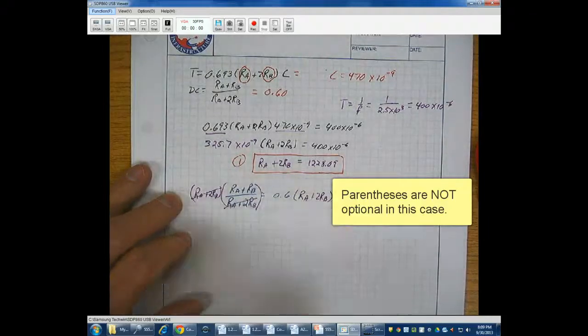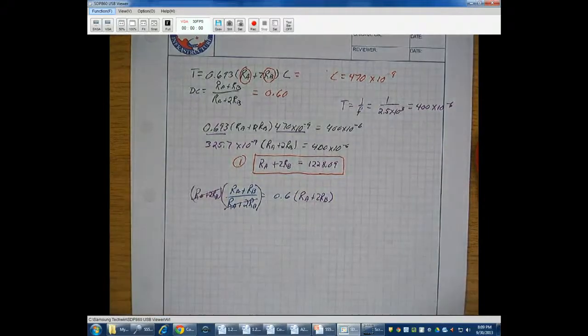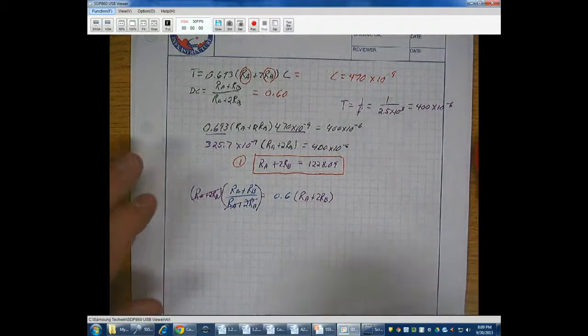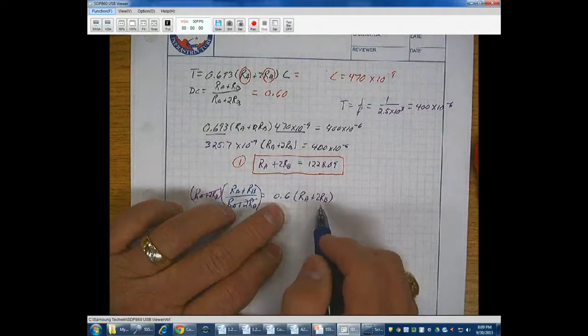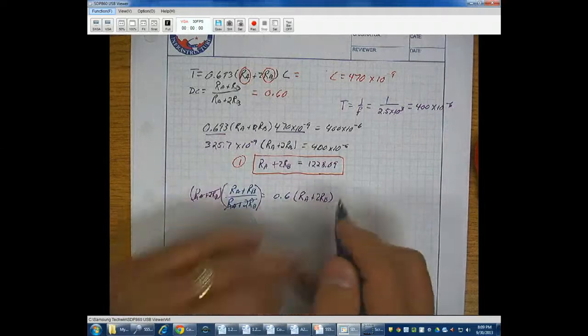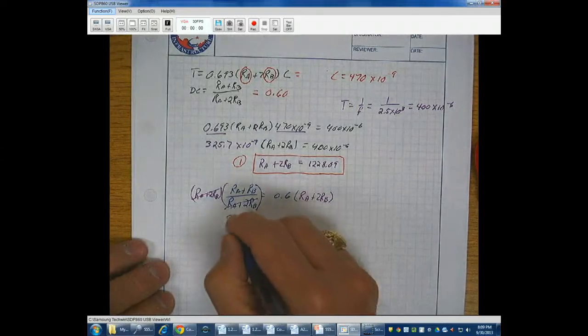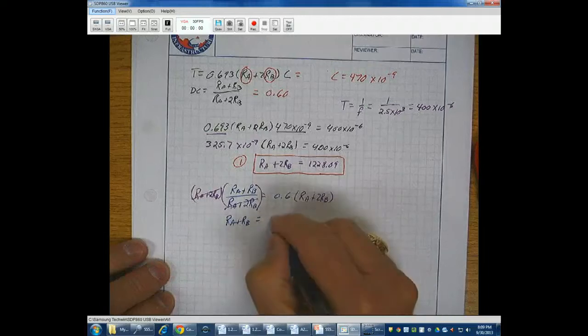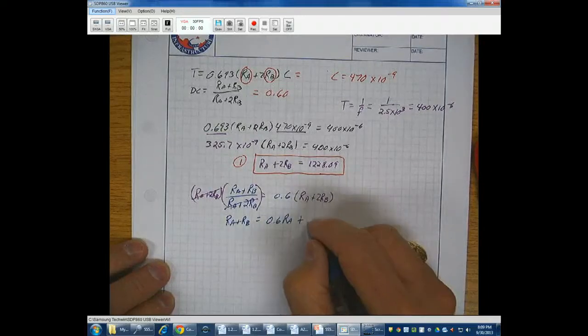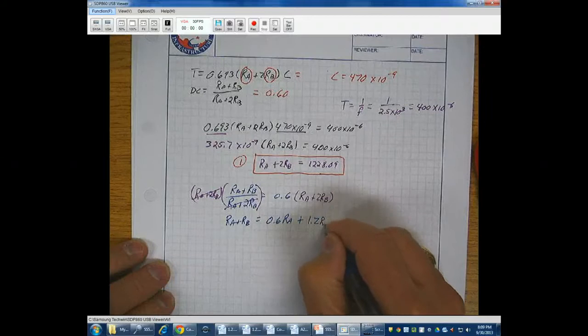It'll cancel out that way. And the parentheses are important because I need to multiply everything on the right side by 0.6. Everything that I multiplied here needs to be multiplied by 0.6. So I'm left with RA plus RB on the left. On the right, I have 0.6 RA plus 0.6 times 2, which gives me 1.2 RB.